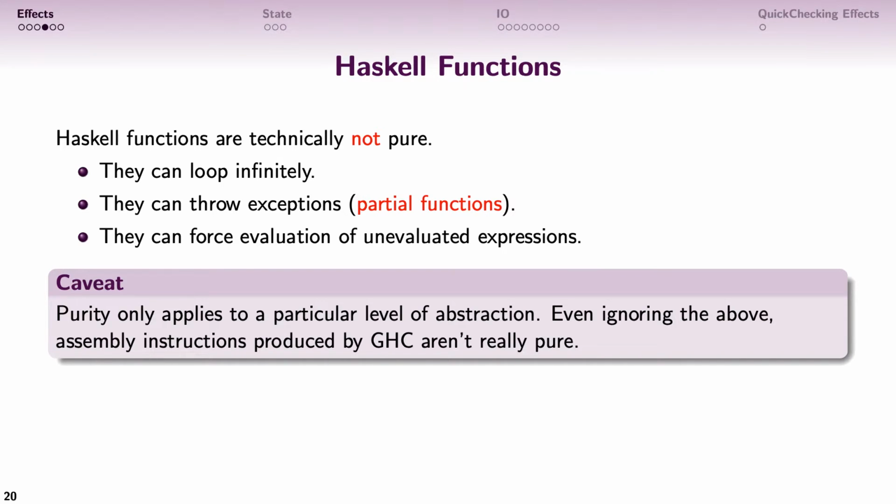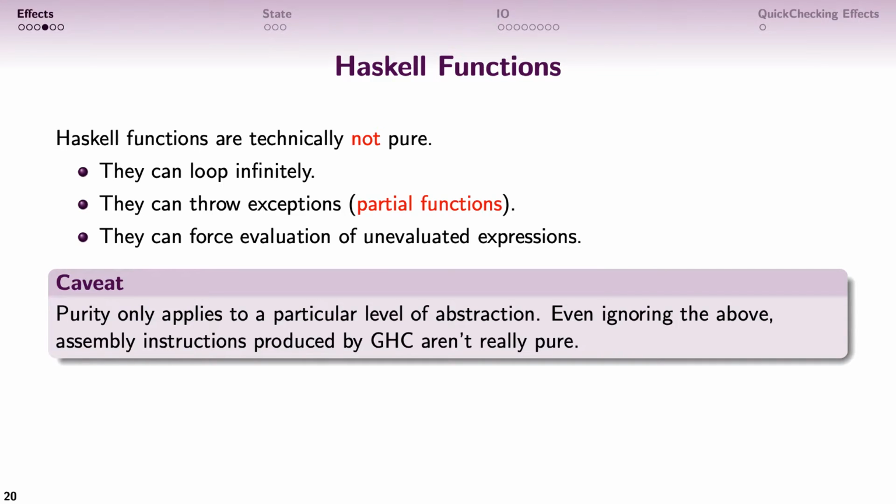We can just avoid the cases of partial functions where they hit undefined cases and would crash, right? Whenever we did our equational reasoning before, if we had any partial functions, we just made sure never to call those functions with their undefined arguments, right? So we were very careful when we did our reasoning to avoid any of the problems that can come up because of these impurities.